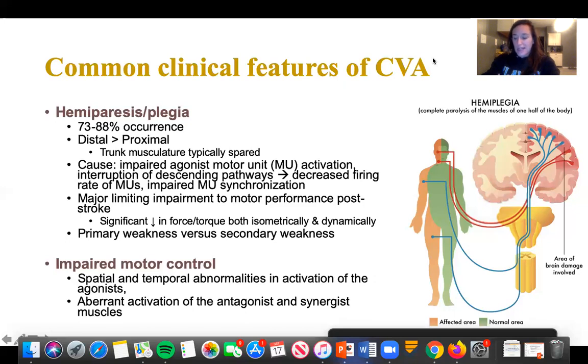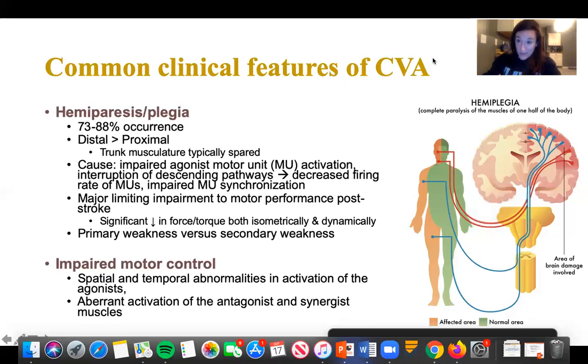The way I like to describe motor control to my patients and their family is this: when we think about our brain's ability to use a muscle, whether we're walking, reaching, whatever, half of the battle is having the strength to do it, having that nice, strong muscle grade. But then there's this other half that's often overlooked, and that's called motor control. Motor control is essentially our brain's ability to use what it's got.